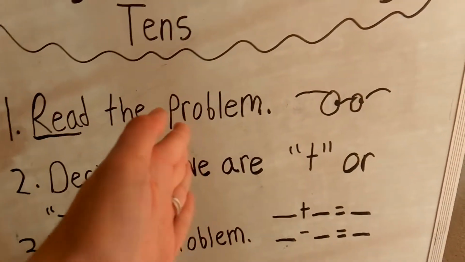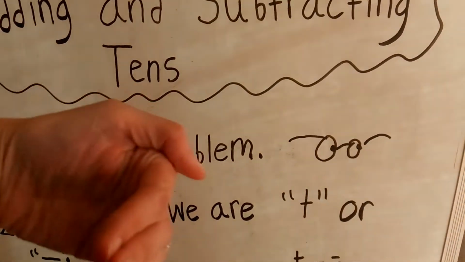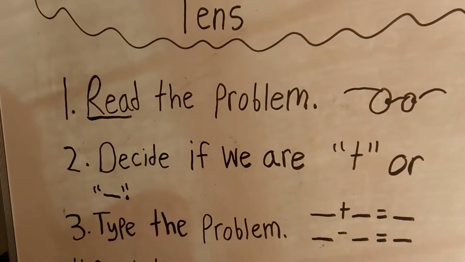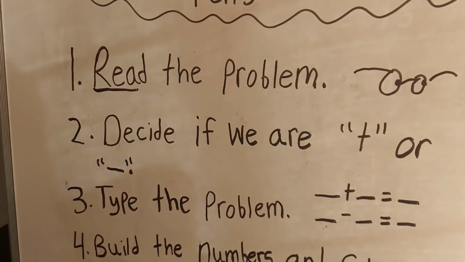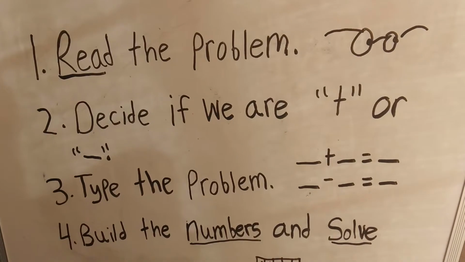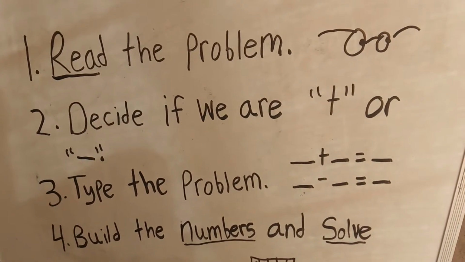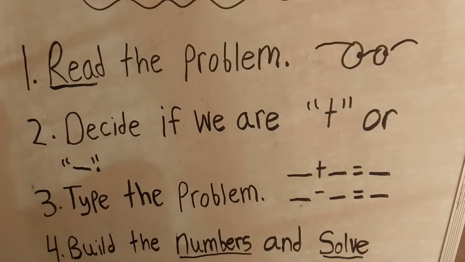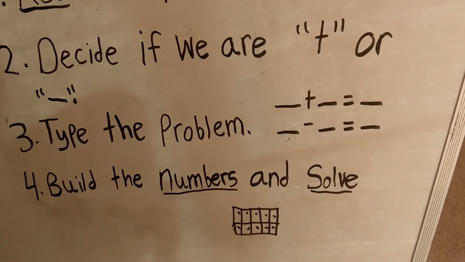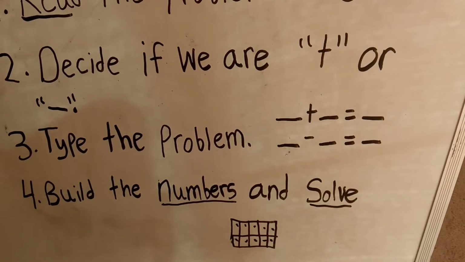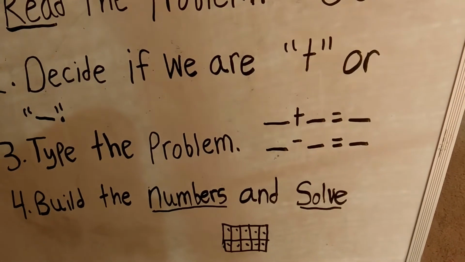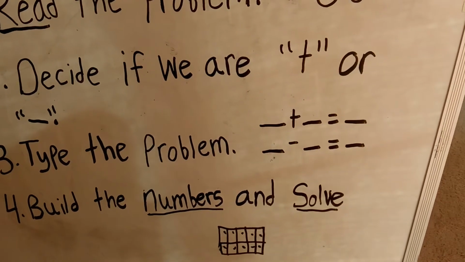Meaning, are we going to count forward or are we going to count backwards? Step 3. Once we figure out if we're adding or subtracting, we're going to type the problem into our Google Drawing. And finally, step 4. Using our 10 frame cards, we're going to build those numbers and try to solve the number sentences.